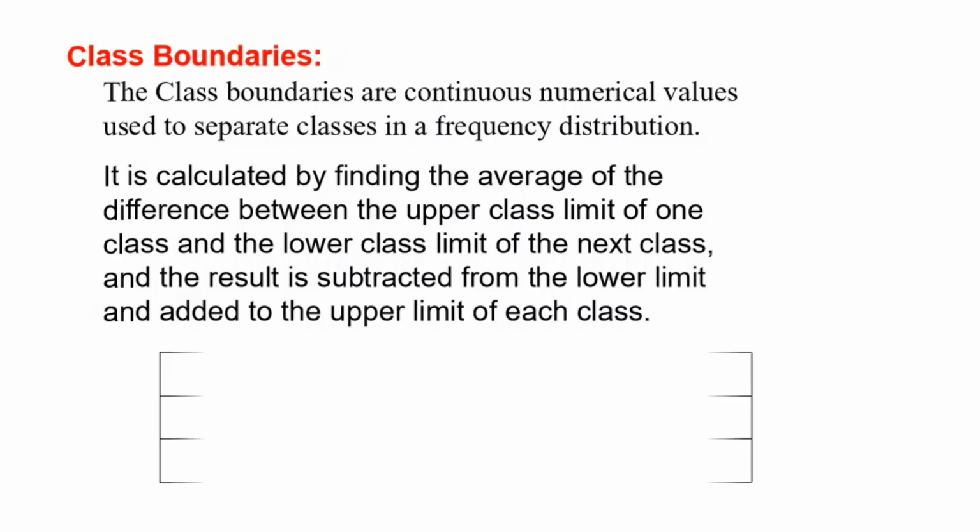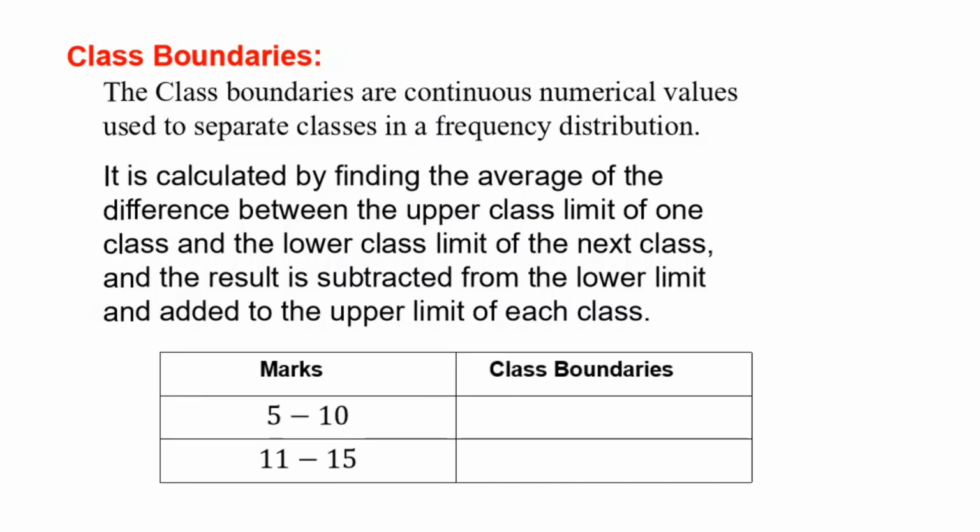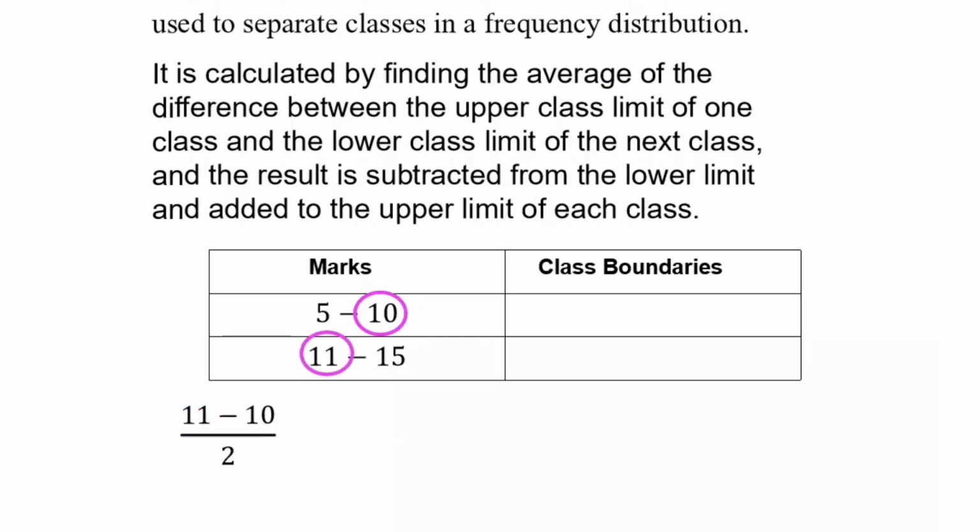For instance, let's say we have two classes. The first class is 5 to 10, the second class is 11 to 15. We take 10, the upper limit of the first class, and 11, the lower limit of the second class. We find the difference and divide by 2, and we get 0.5.